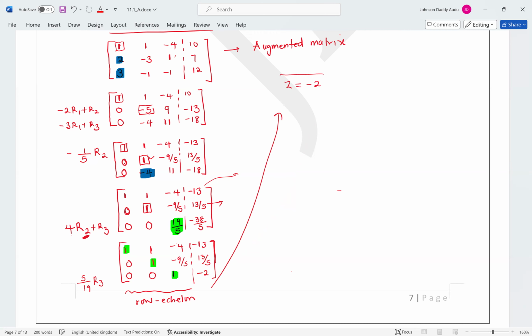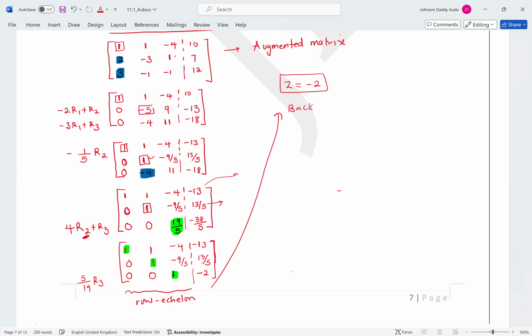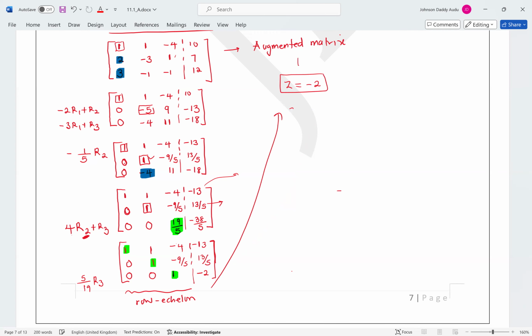Minus 2. Because remember, Z is the third column, right? And this is what we call back substitution now. So we are doing back substitution now. This is one of the steps of Gaussian elimination.